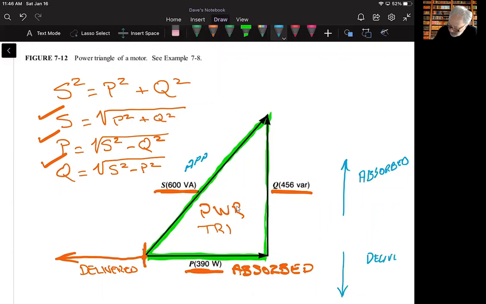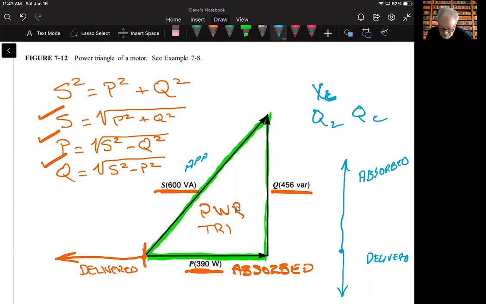We talked about how that occurred with a capacitor. A lot of times we'll have a combination of X of L and X of C, or in this case, power Q of L and Q of C, and whichever one is greater determines the direction of how it's drawn. If it's primarily inductive and absorbed, it's drawn north. If it's primarily capacitive and delivered, it's drawn south.